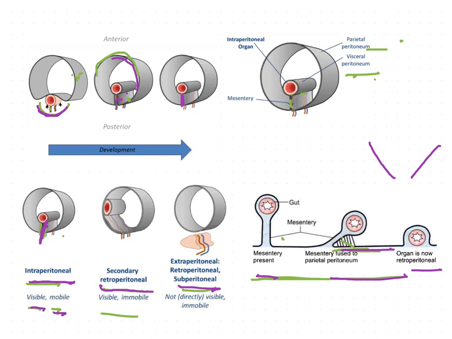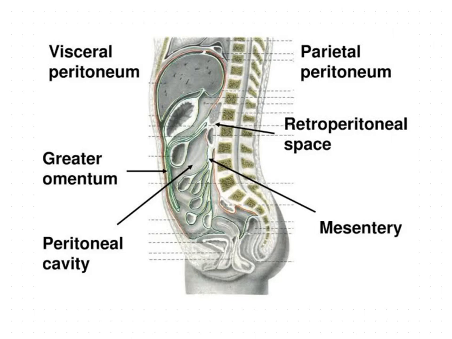Now you can appreciate these areas like intraperitoneal, secondary retroperitoneal and subperitoneal. Here, this is the sagittal section of the abdomen. This is the anterior abdominal wall, and here you can see the posterior abdominal wall.